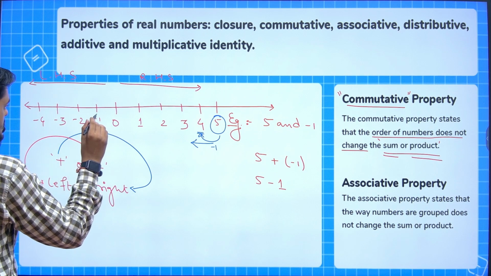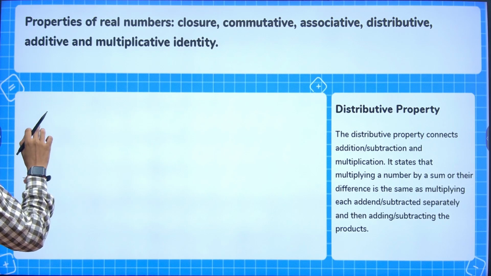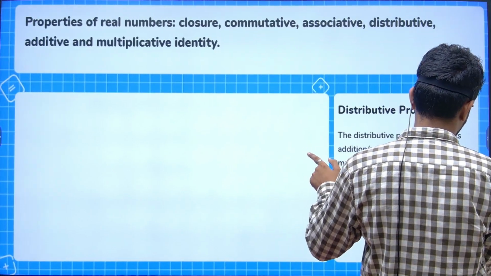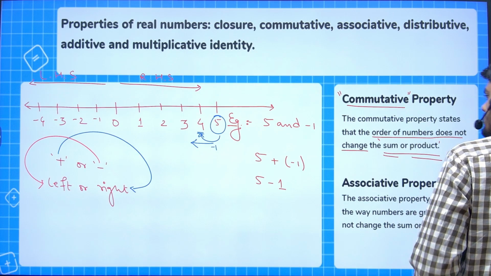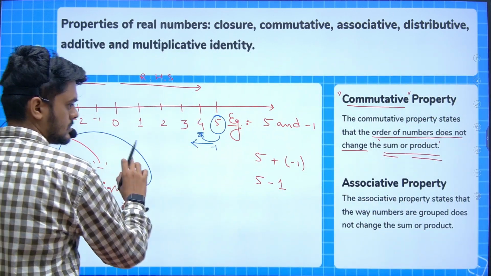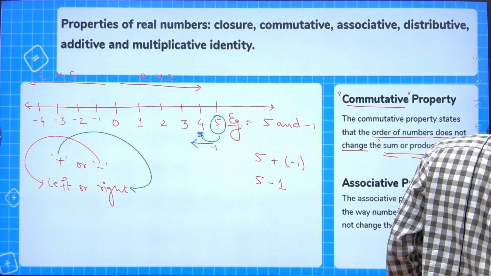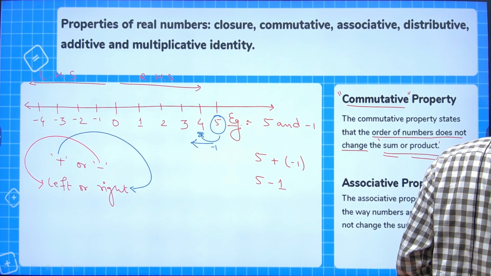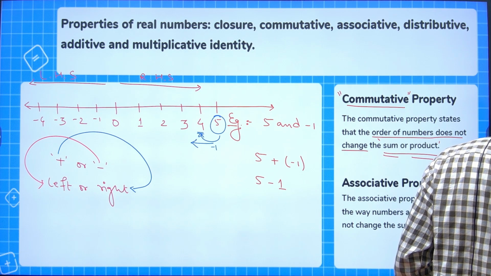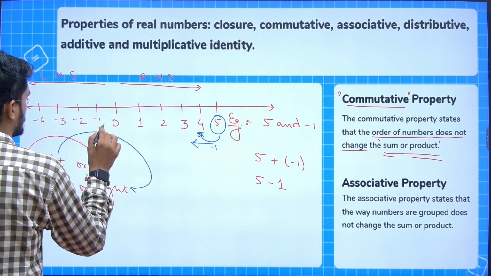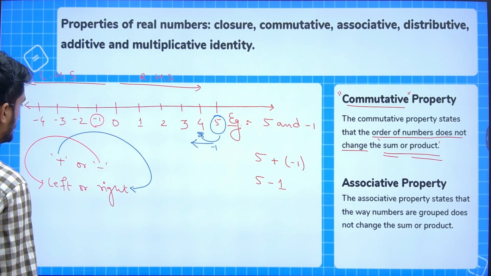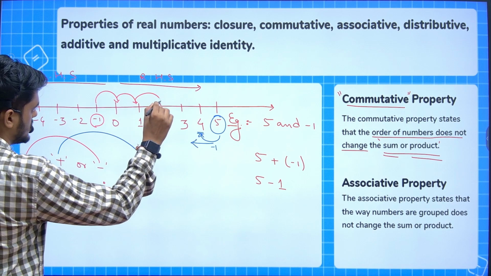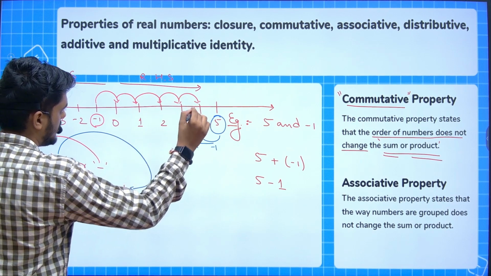Now look, when I take minus 1 over here and need to add 5 quantities, I need to move 1, 2, 3, 4 and 5.